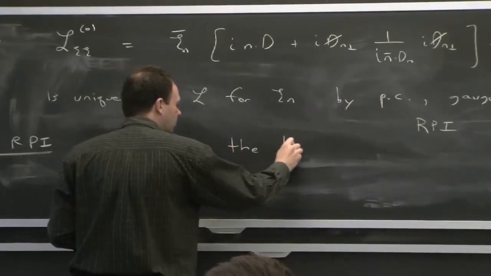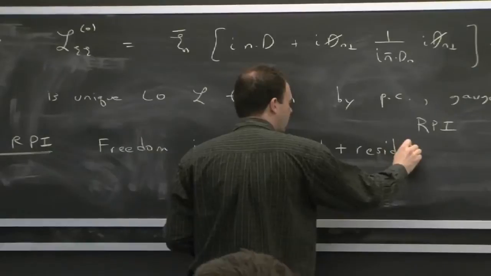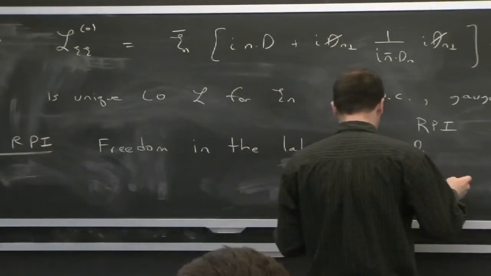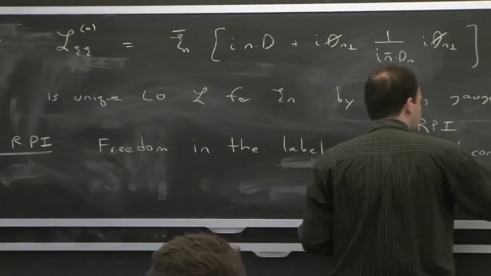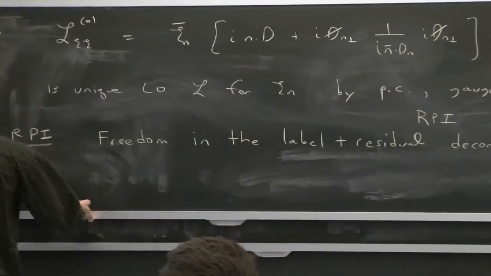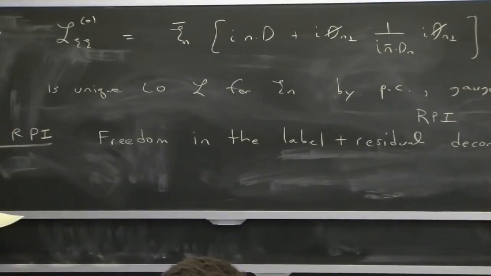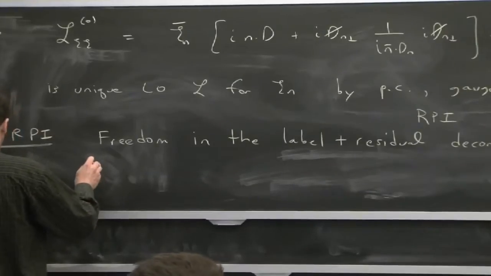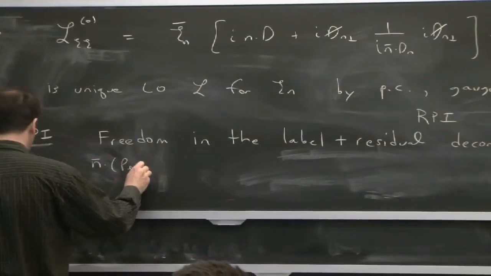We should be careful to think about that freedom as well, and that's also a reparameterization freedom. And this one looks in some sense more like what we talked about in HQET. In some sense, what HQET is doing is a combination of these two things, because the decomposition of momenta there is a bit simpler.